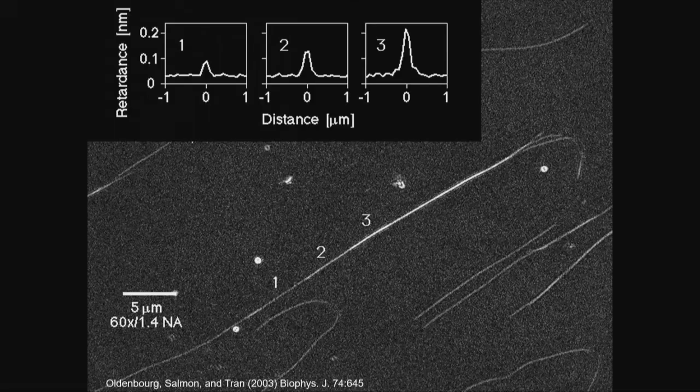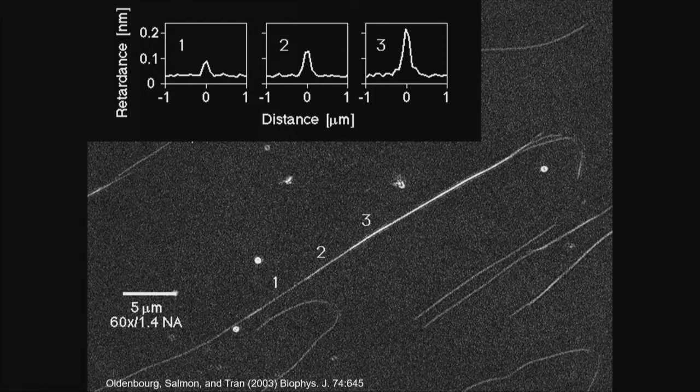And then this is a color representation. These are microtubules in an in vitro preparation, and you can pin them down to the cover slip of the microscope slide that you prepare, and you can see that you're really very sensitive. This is a single microtubule.